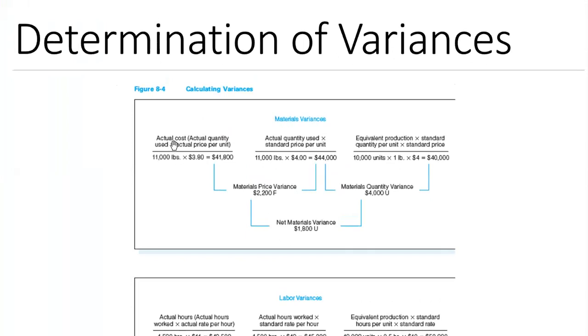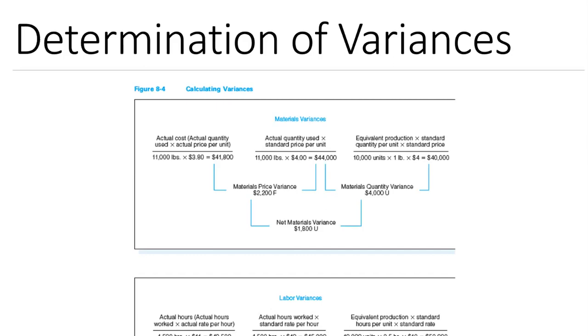Basically, we're taking actual quantity used times actual price per unit. That gives us actual cost. And then we're comparing that to actual quantity used times the standard cost per unit. I know it's got the numbers plugged in for us, and that's wonderful.